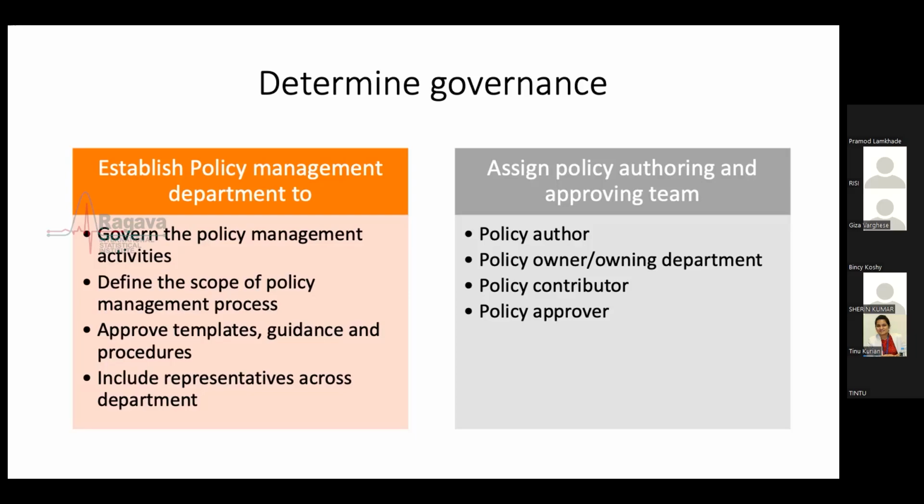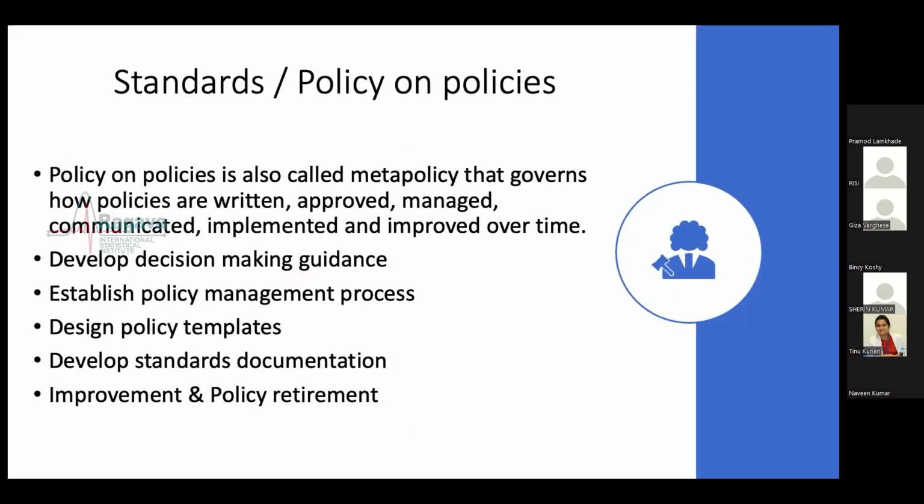So this is how you can establish a governance structure for the effective management or establishment of policy management processes in your organization. Next, standards or policy on policy. This is another requirement you should have. Once you establish a governance structure, this department or entity must develop a meta policy, that is called policy on policies.